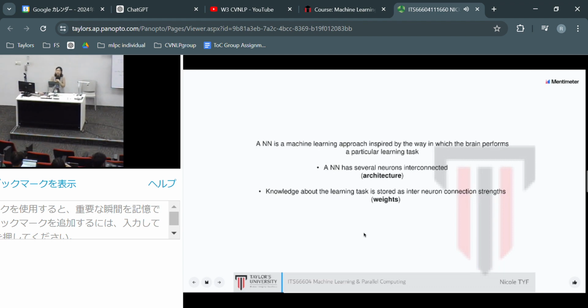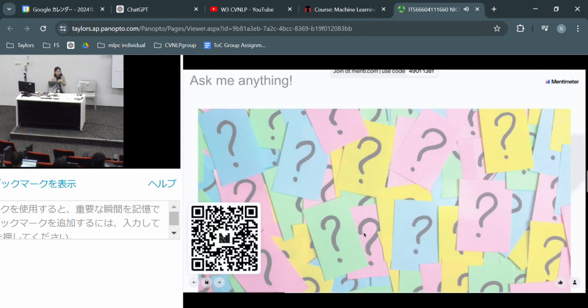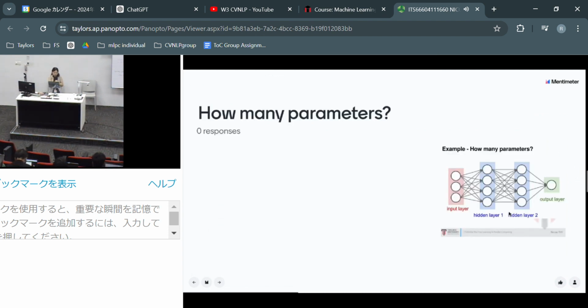Okay, so if there's no question, let's see if we are able to calculate how many parameters there are in this bigger network. 9?